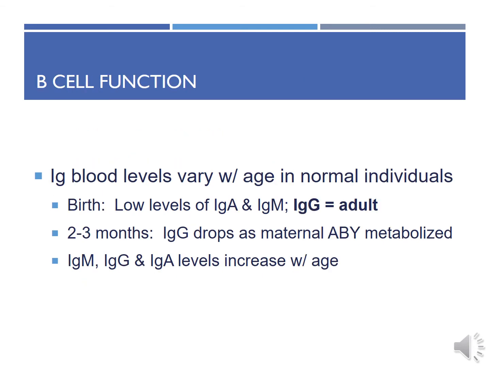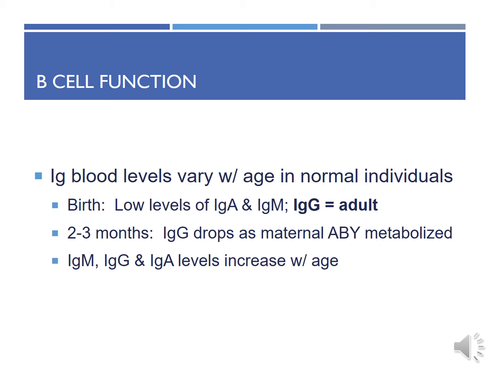Our B cells provide us with antibodies, so our antibody levels vary with our age in normal individuals. At birth, we'll have low levels of IgA and IgM that the baby's immune system is producing, but we'll have a lot of IgG as well because our mother passed her IgG antibodies to us.